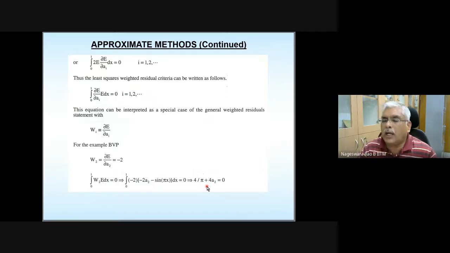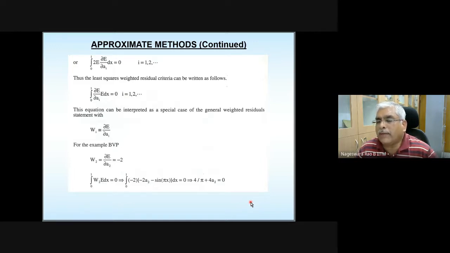And then in the error function, if you get more than one unknown parameter, then you are going to get as many weight functions as there are unknown parameters to be determined, and as many equations as there are unknown parameters. If it is 2 parameters, you may end up with a linear system of equations which you need to solve.